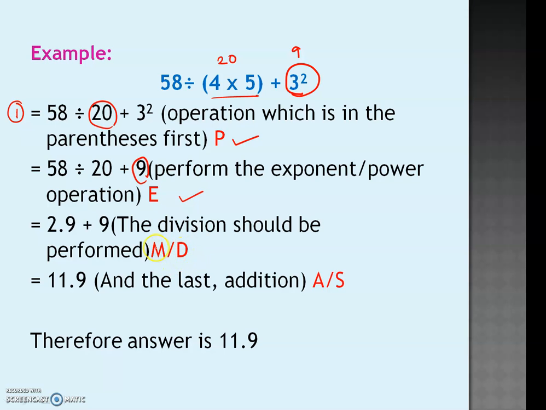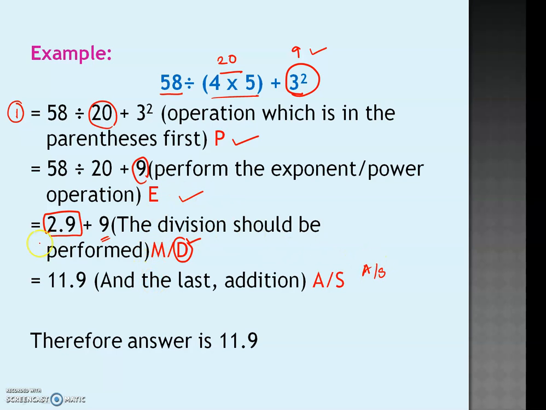In PEMDAS, here we don't have multiplication, but we have to go for the division part. First we have to divide. What has to be divided? We need to divide 58 by 20, whose value is equal to 2.9, and then add the remaining value, that is 9, because the priority has to be given to division after parentheses and exponentiation. The last one is either addition or subtraction.